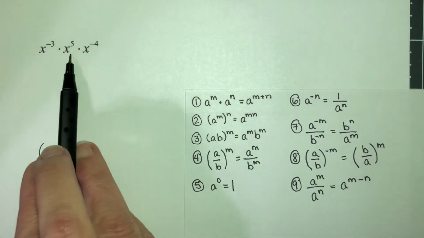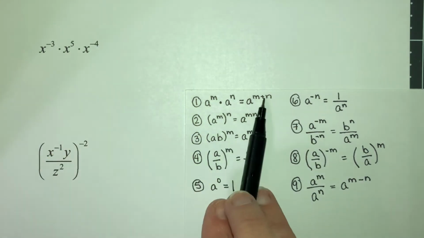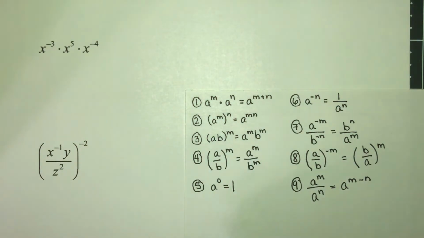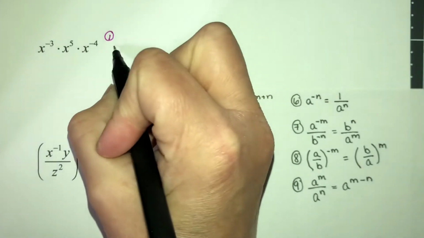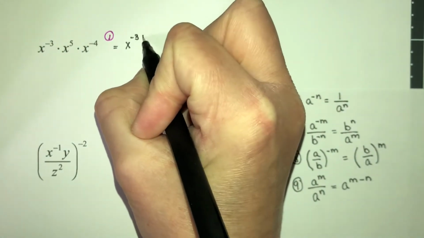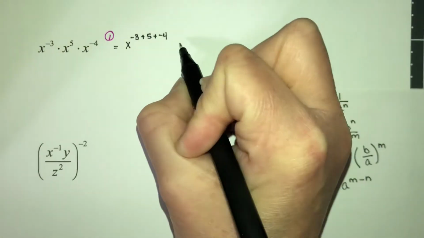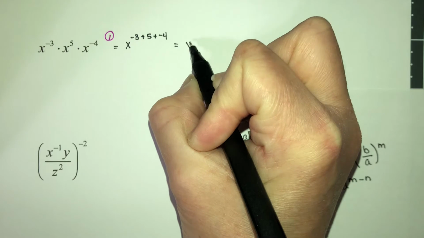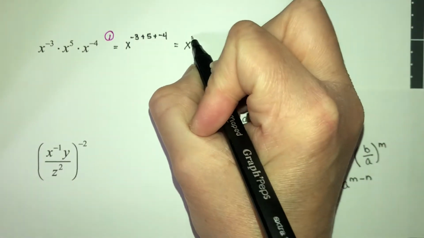What we have are things multiplied together, and they have the same base, so we can add up their exponents. So if I apply property number 1, I will have x to the negative 3 plus 5 plus negative 4, which is x to the negative 2.